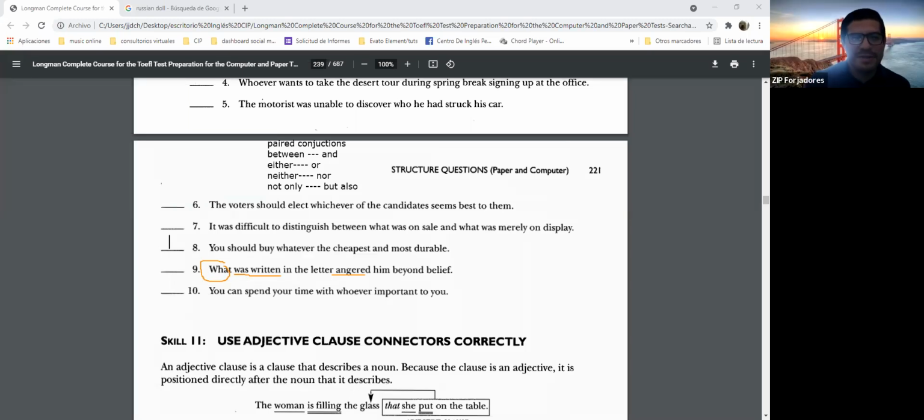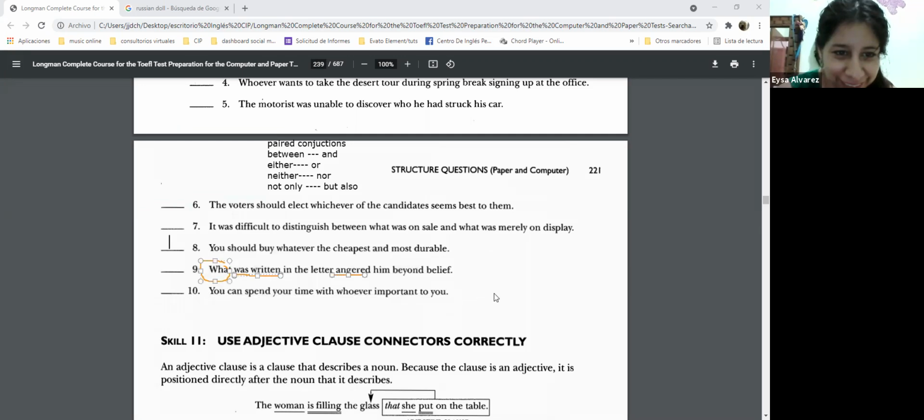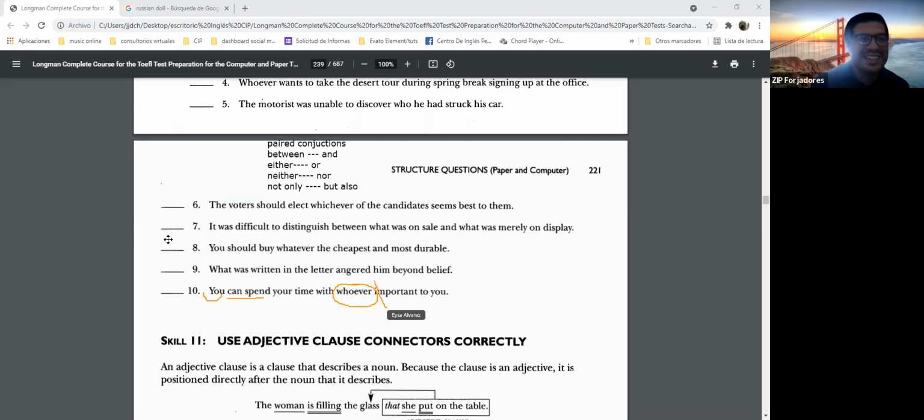Excellent. And the last one, please. Okay, you is the subject, can spend is the action, the time with whoever is the noun plus subject. I think it's incorrect because we don't have an action here one more time. Yes, very good. It's incorrect and we missed the verb.